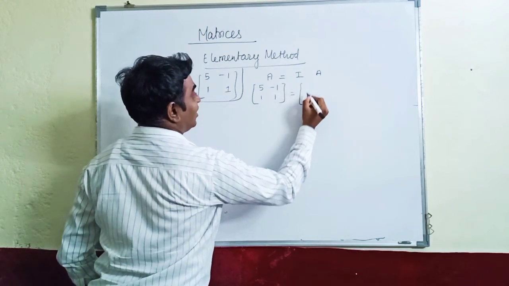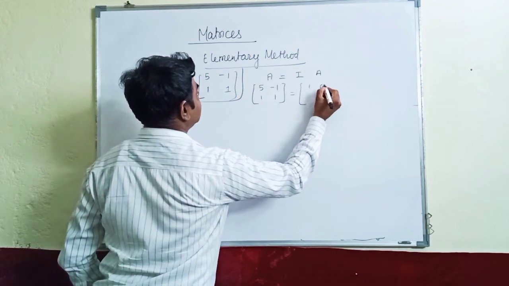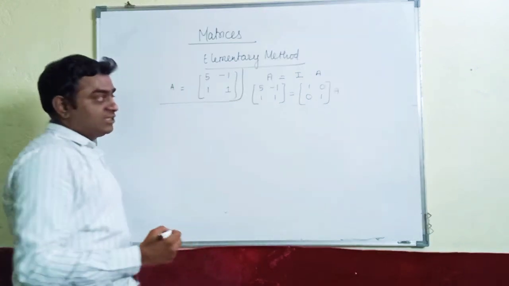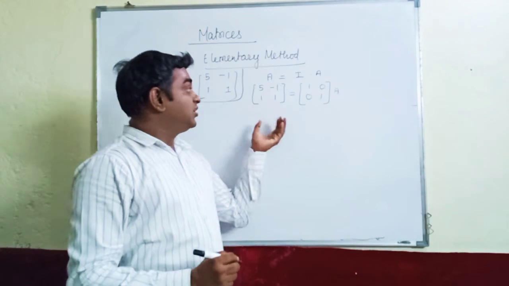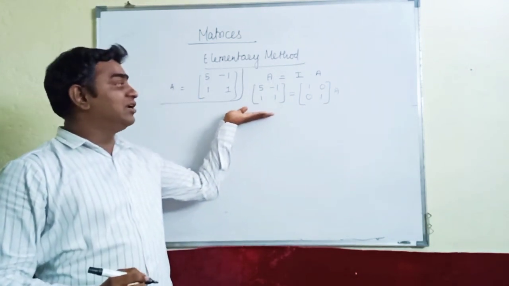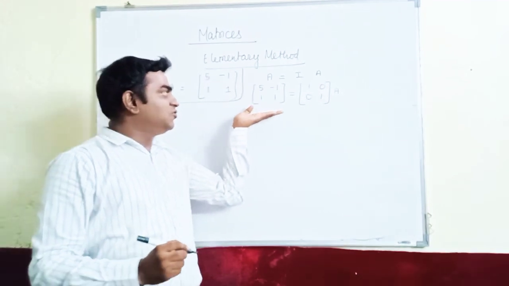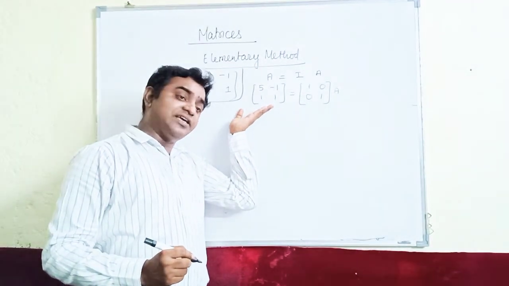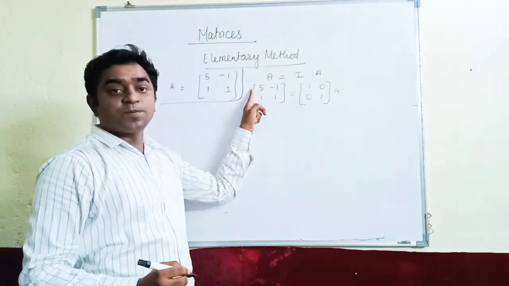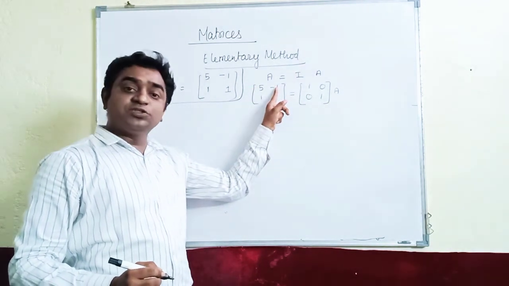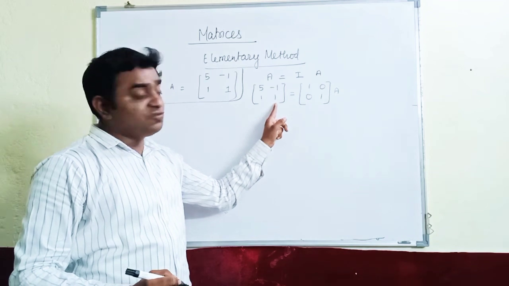And here I is 1, 0, 0, 1 into it. But it is the time where you have to make this value I. If you want to make it I, here must be 1 and here must be 0, then again here must be 0 and here must be 1.